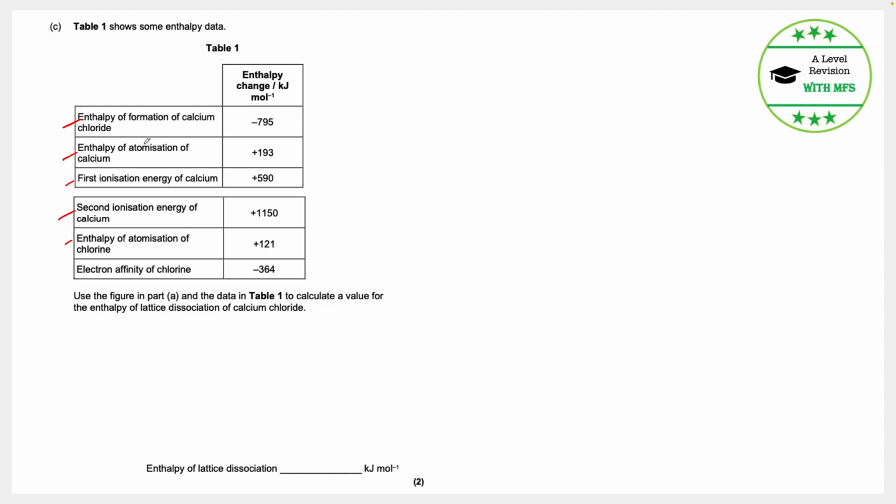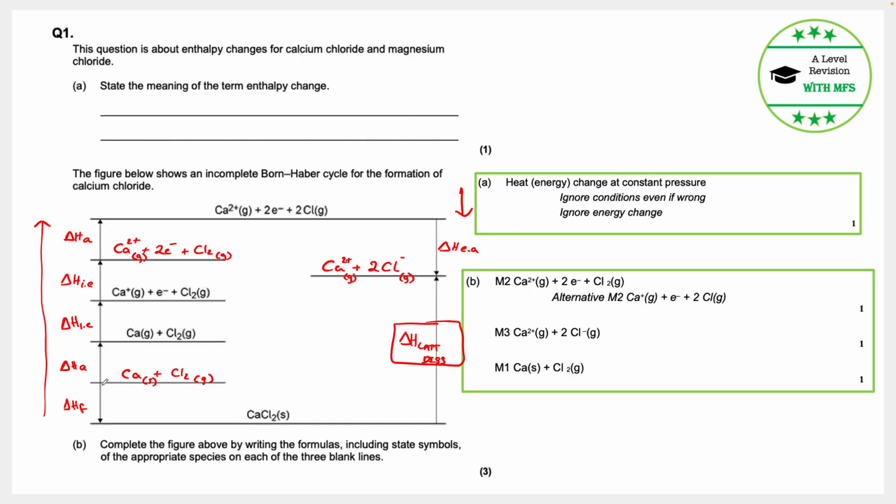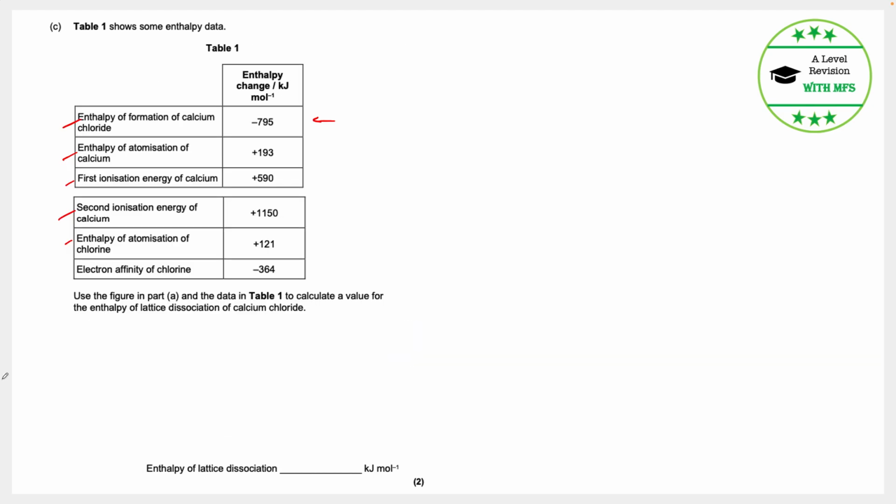We've got the enthalpy change of formation, which is minus 795. That's the enthalpy change going downwards. However, we don't want the enthalpy change going downwards. We're trying to follow a cycle in order to calculate this, so we're just going to reverse this arrow. If we're reversing this arrow, we change the sign in front of the negative 795, so that's just going to become 795.